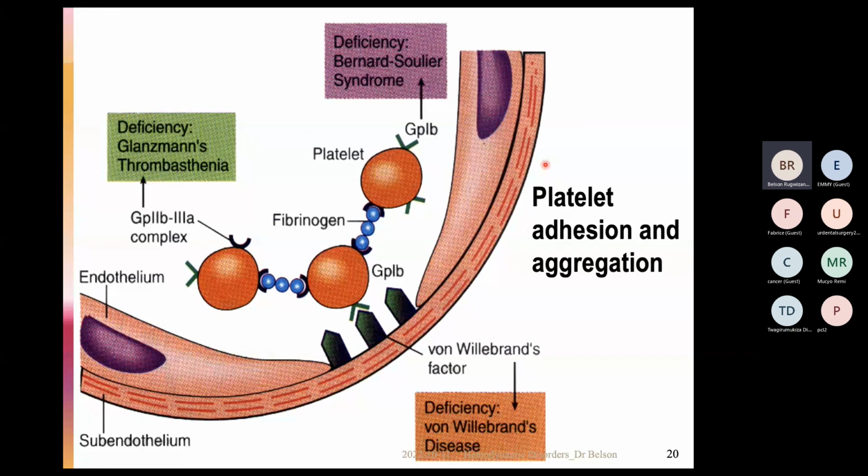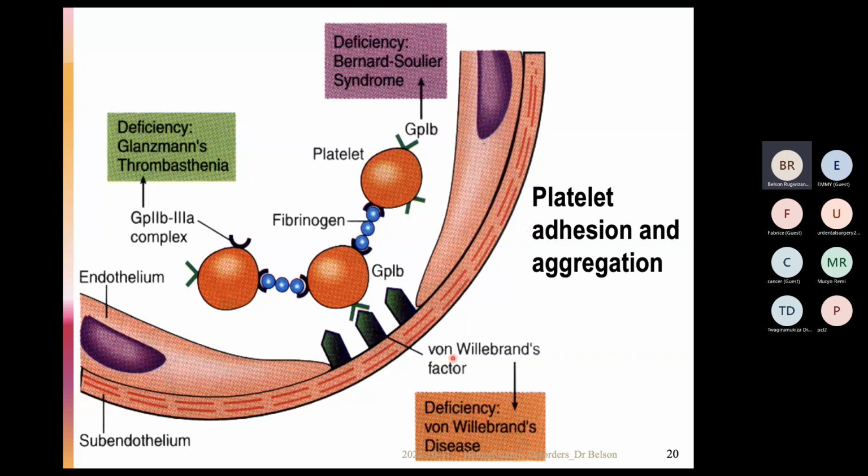So platelet adhesion and the aggregation. So ntabwo platelet zipfa kuza gusa, ziba zifite von Willebrand factor. Hano niyo iba expressed kuri tissue hano, noneho or on the basement membrane where the endothelial cells were situated, aho ziba zavuye zapfuye.